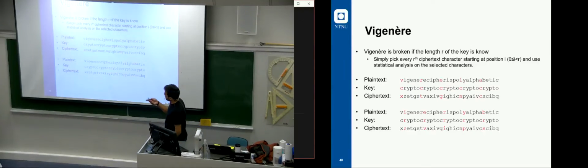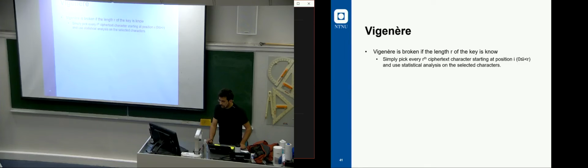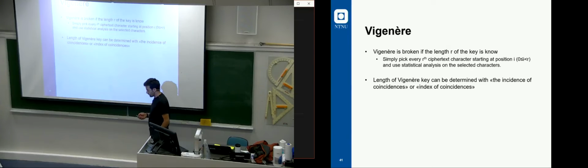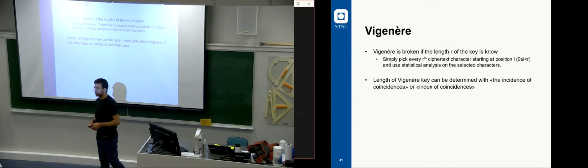For example, the first pattern, he saw V here. In the next, he will do it for I after doing the same shifts. So there is an actual technique that is used to decrypt this.